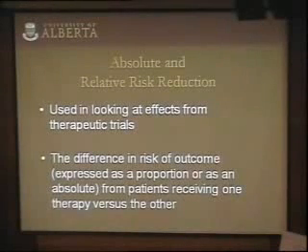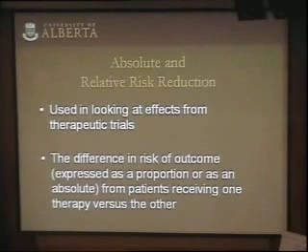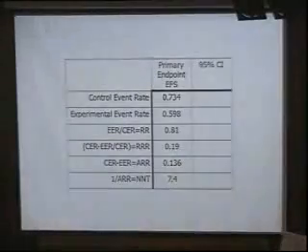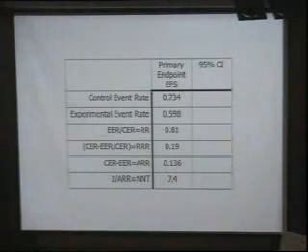So, using those numbers, we're going to work through the article in a second and come back and talk about those. But when we're looking at absolute and relative risk reduction, we're looking at the effects from therapeutic trials, and the difference in the risk is what we're concerned about. So going back to these numbers, I didn't have the opportunity to calculate the confidence intervals, but we'll come to that when we do another session.